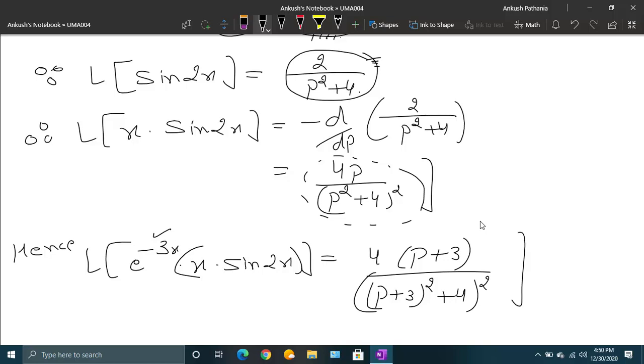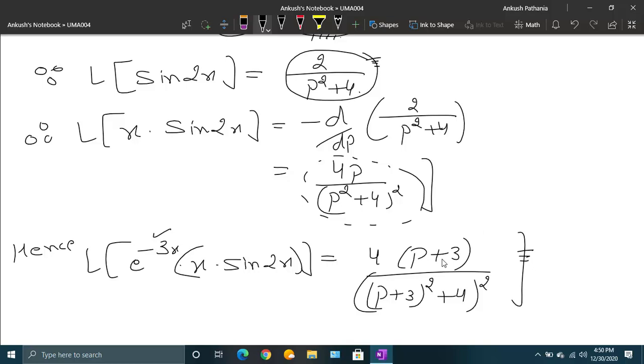This is the result of this question, in which we have used more than one property in a single question. These types of questions are usually asked in the paper, and we will be doing many more questions like this one with our other properties. Up to this point we have done only two properties, so we are using a question where we have the use of these two properties.